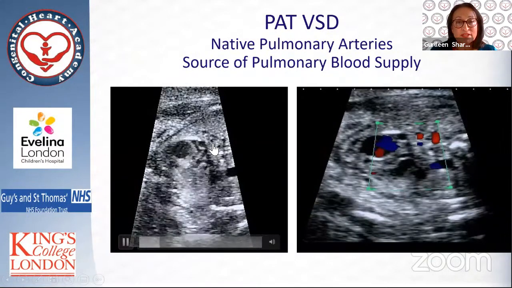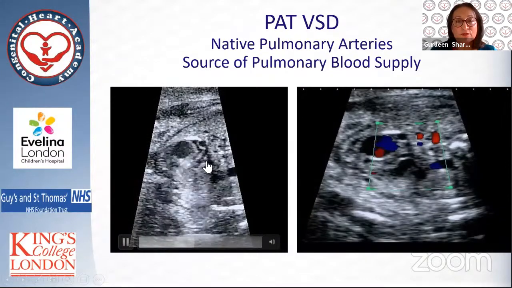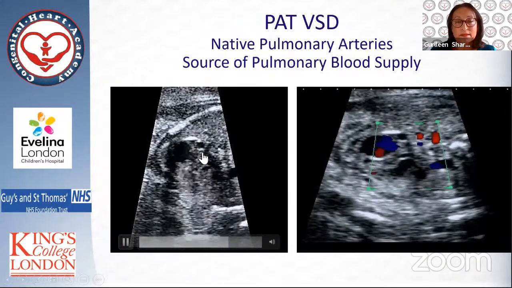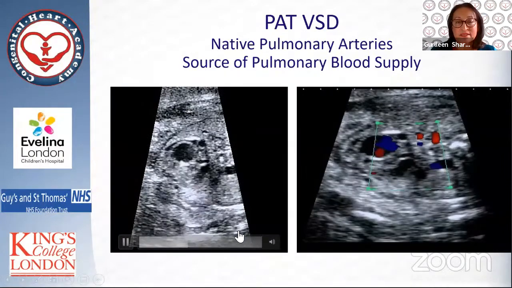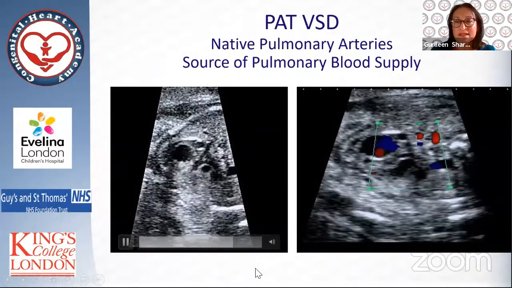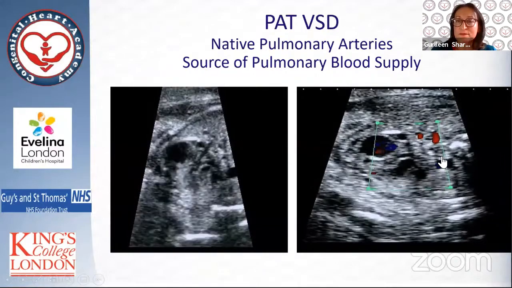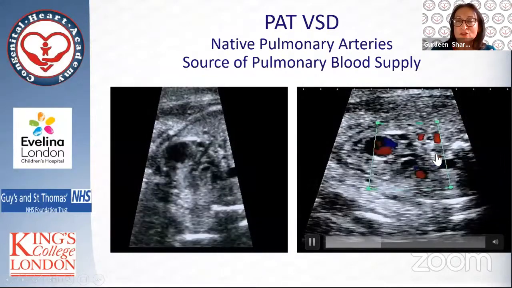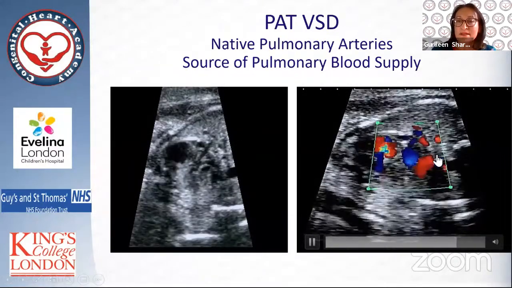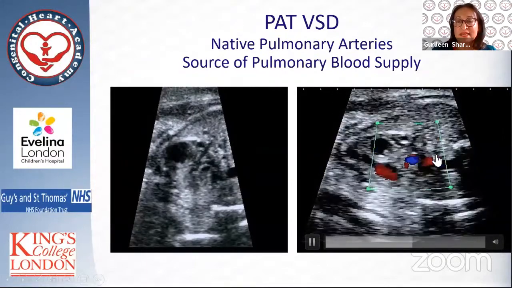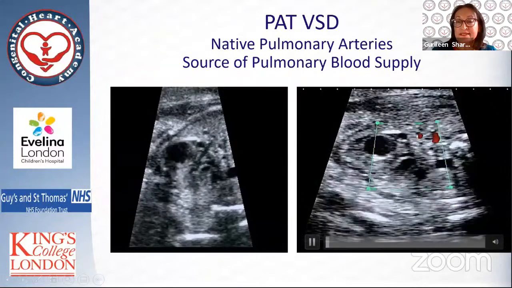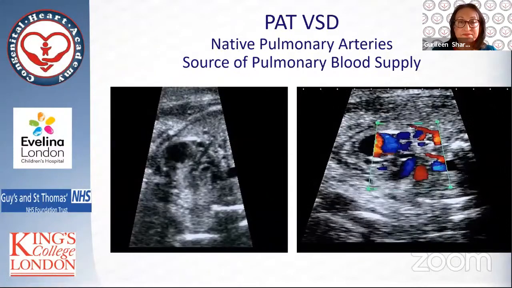This clip is showing you confluent but hyperplastic branch pulmonary arteries, so native pulmonary arteries were present in this baby. Color flow helped us to see that there were a lot of collaterals. I've just shown one clip here, but we had several others showing the collateral vessels. And this baby actually also had an arterial duct.